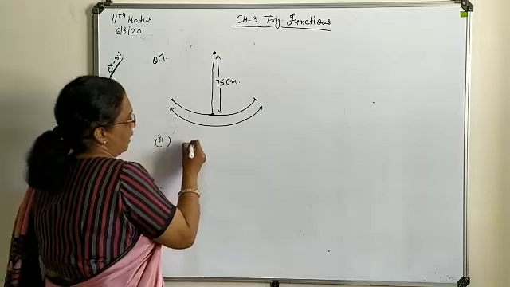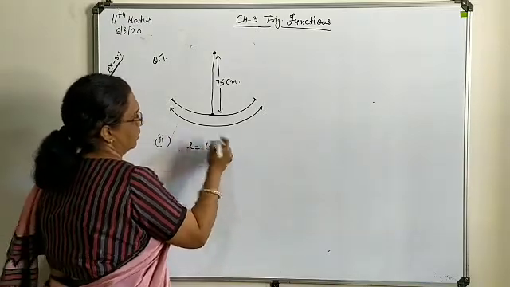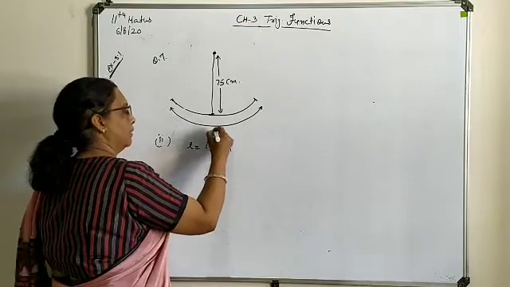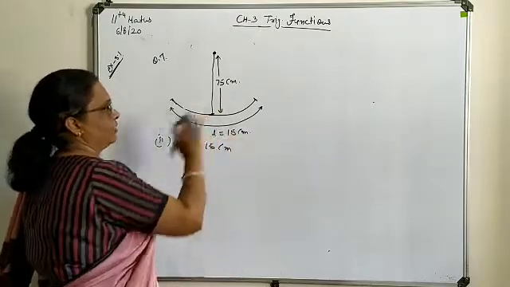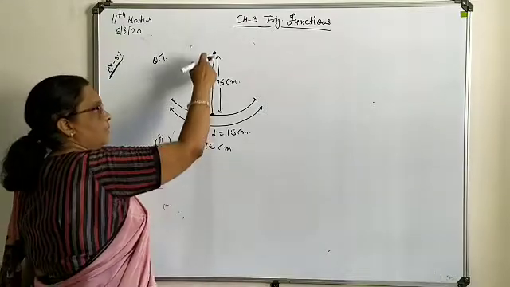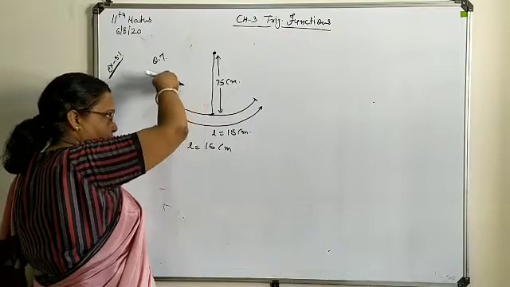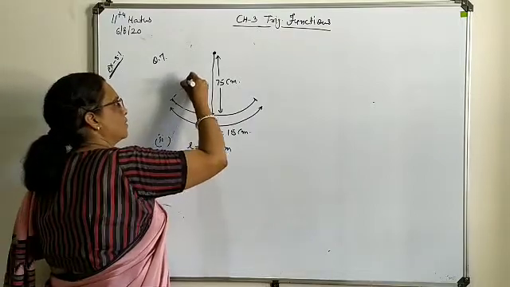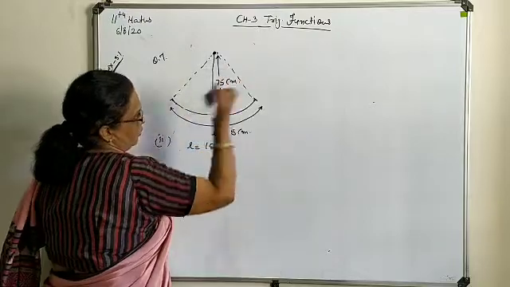in which arc described is of 15 centimeter, means arc length of 15 centimeter described by this pendulum. If this pendulum is going to be swing, obviously this length is going to be shifted over here, means it will be considered at this position.